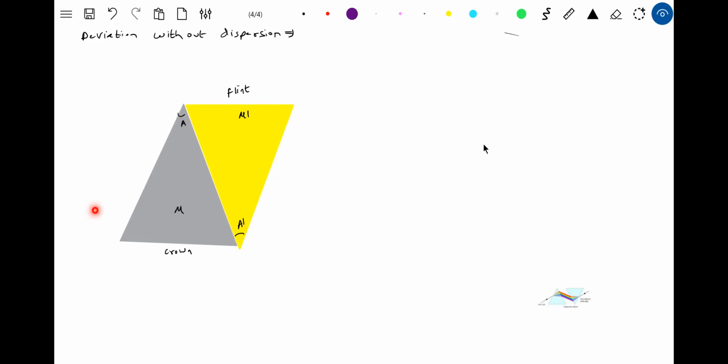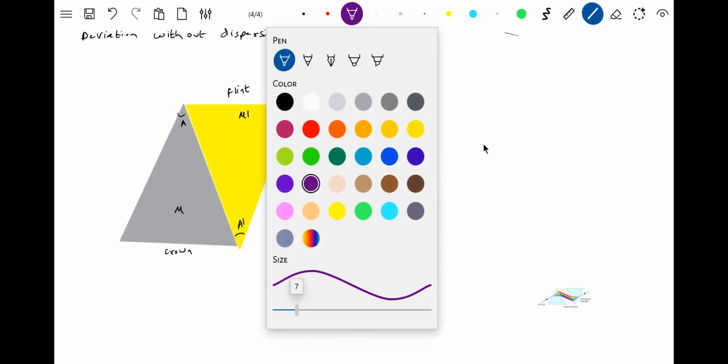Means when a light passes through a prism, it will spread. But I want the white light to pass through the prisms and undergo deviation, but there should not be dispersion. So for that, I'll take the combination of prisms. Let's go for the ray diagram. I'll decrease the thickness of them.